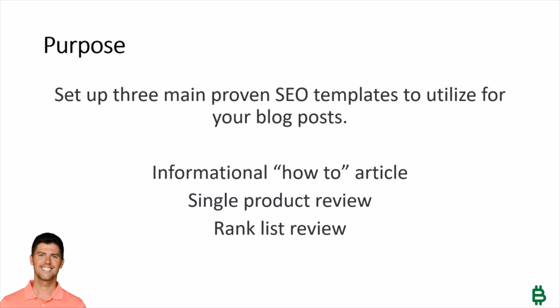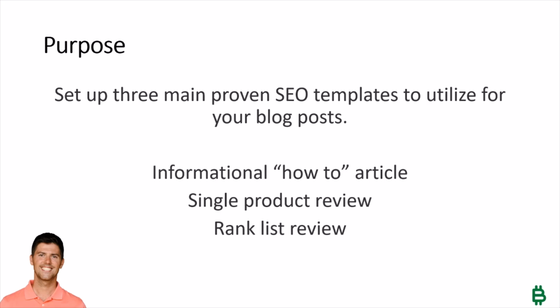Next would be a single product review. So maybe we want to drive people directly to our single product review within Google, or we can link within our informational how-to article potentially to a single product review. So if I'm talking about something in the dog anxiety niche, I'm showing them how to manage that anxious dog, and there's a product that is highly recommended from myself.